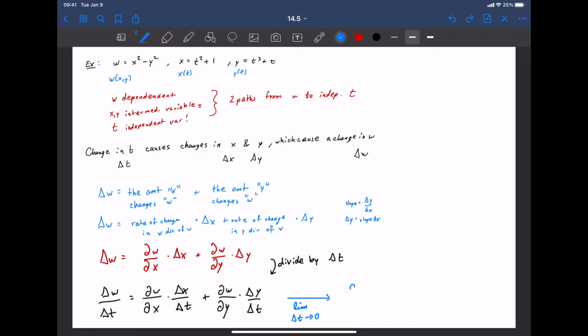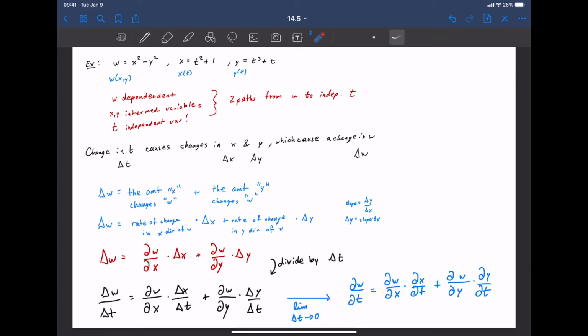And we'll get that the derivative of w with respect to t equals the partial derivative of w with respect to x times partial x partial t plus the partial derivative of w with respect to y times partial y partial t.